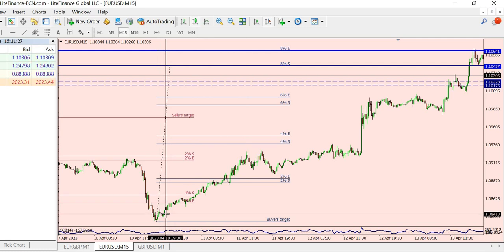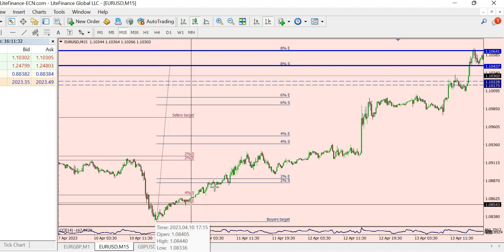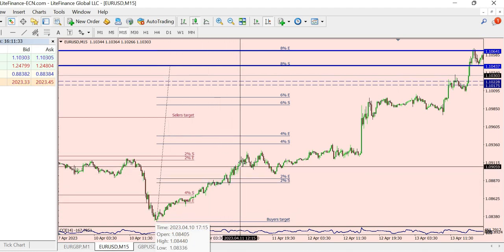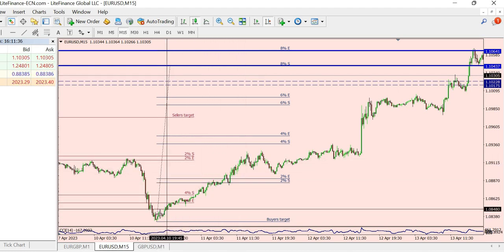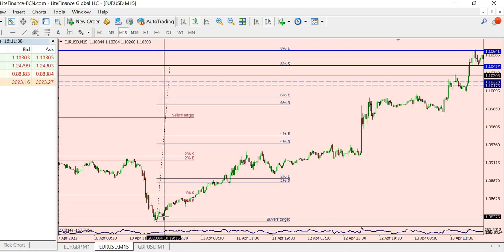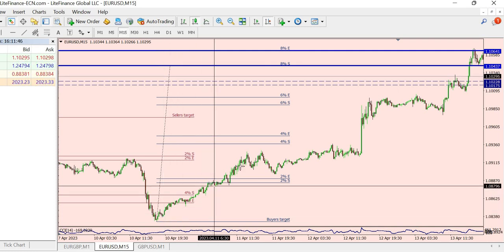I would like to point your attention to the candlesticks, because what we can see is a huge amount of candlesticks with a short body. What does it mean? I remember my first lesson, and my tutor said, Michael, please remember this kind of situation.